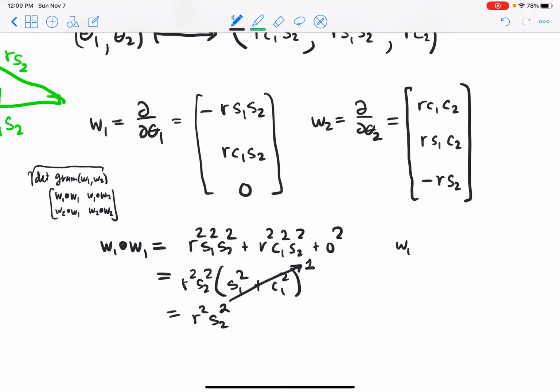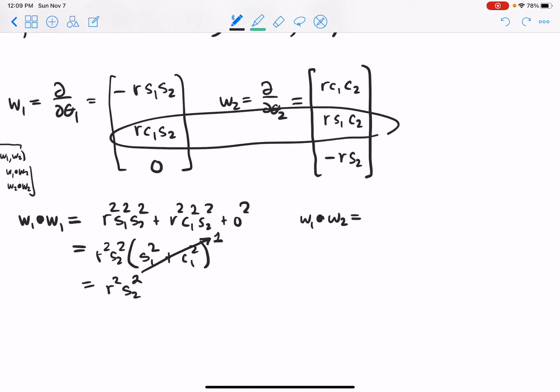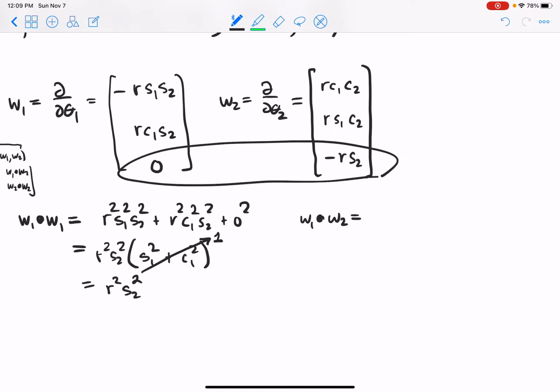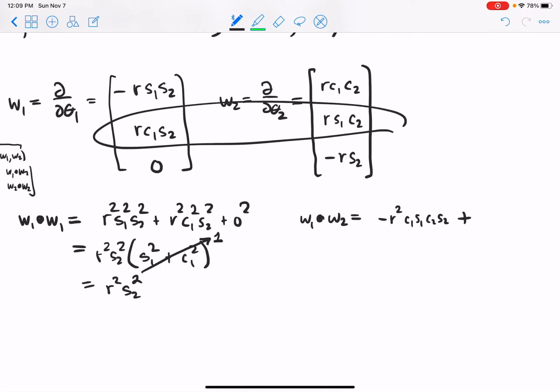Let's do W1 dot W2. Okay, so now I multiply these and add it to a multiplication of these and add it to the multiplication of these. I'm just doing a dot product. Okay, so minus r squared c1 s1 c2 s2 plus, now I take the second ones.